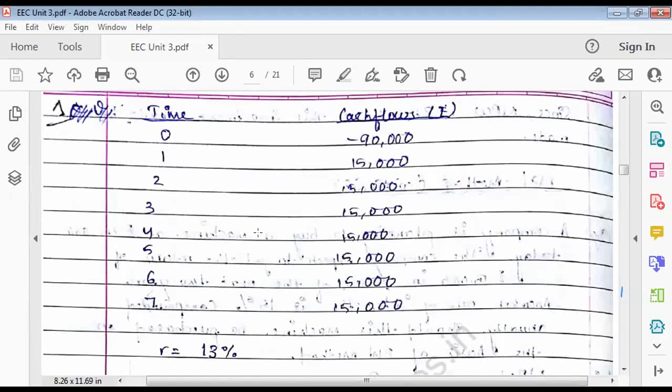Okay, so market rate of interest is 13% compounded annually. Should this project be accepted on the basis of present worth method? Okay, so this is how you need to interpret the question, if you get a question like this.